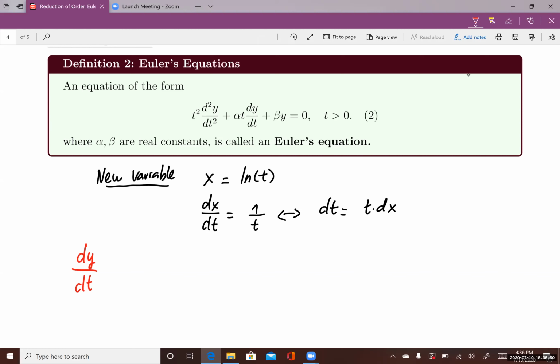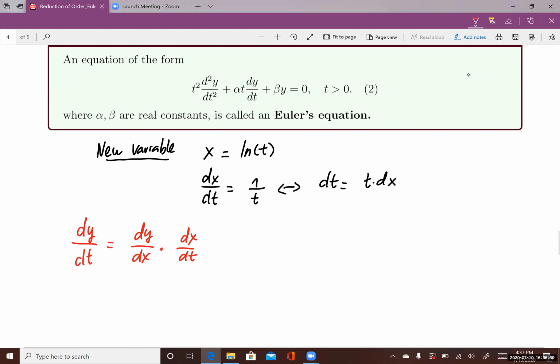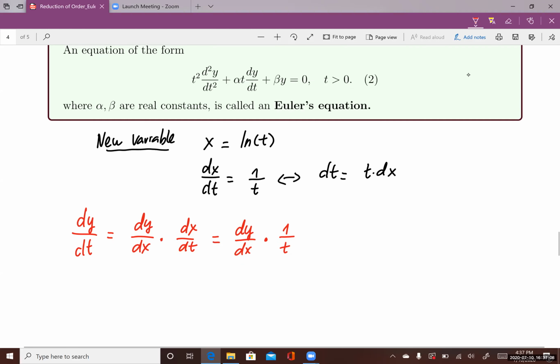So dy dt equals dy dx multiplied by dx dt. What is dx dt, which is found here? It's 1 over t. All right, we're going to leave it there for now.